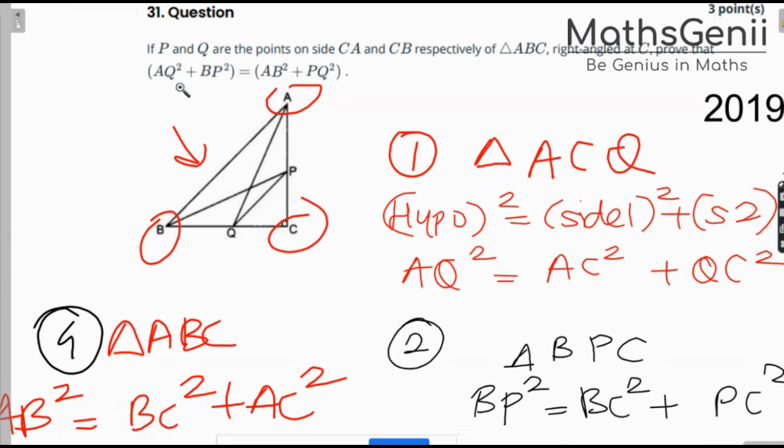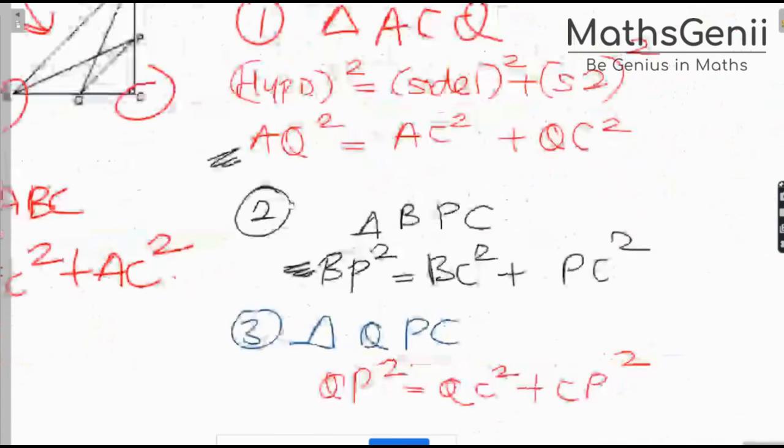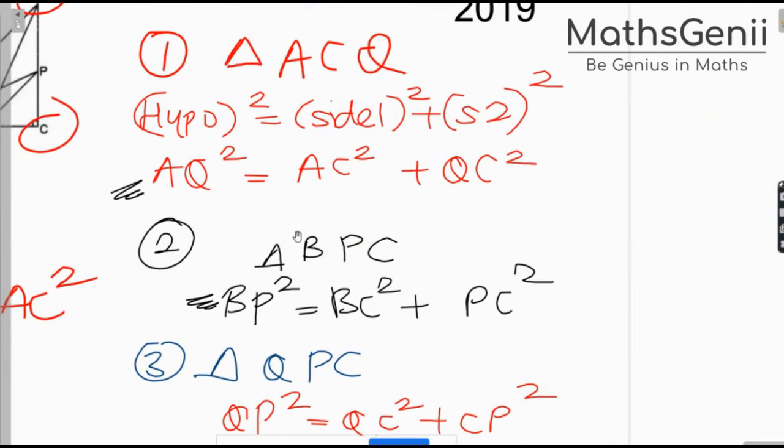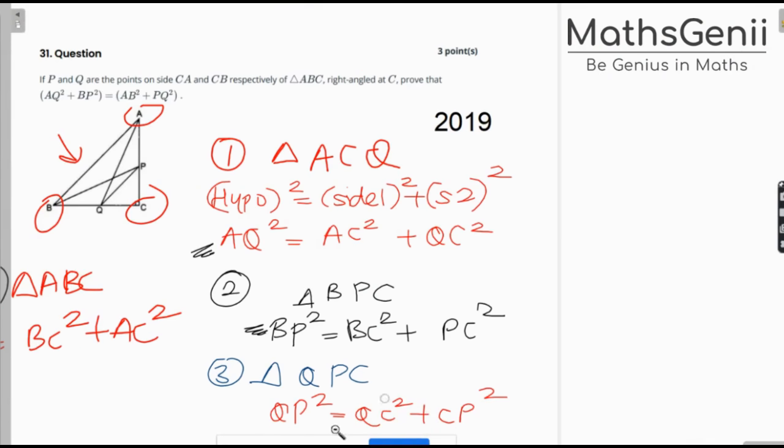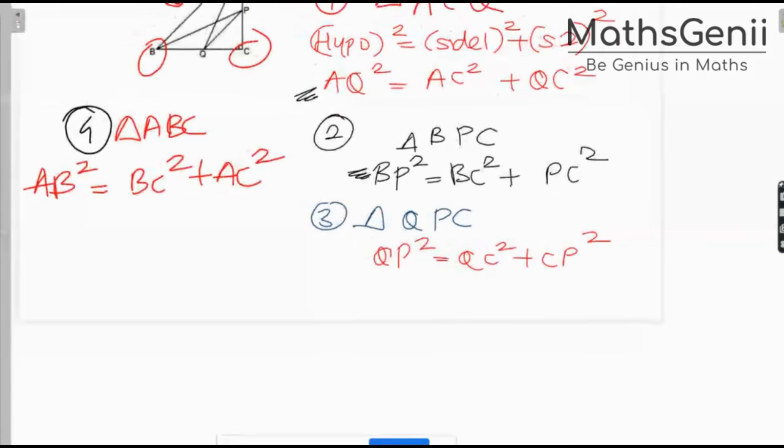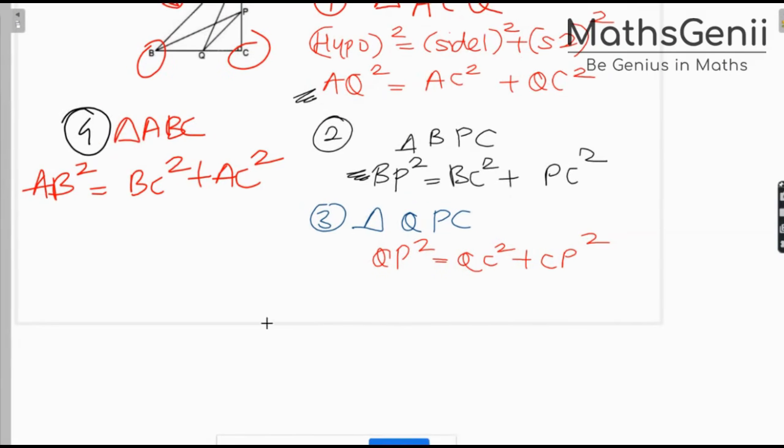In the question, AQ square plus BP square. So AQ square is in this and BP square is in this. So what I'll do is I will add both of these equations. Adding 1 and 2.